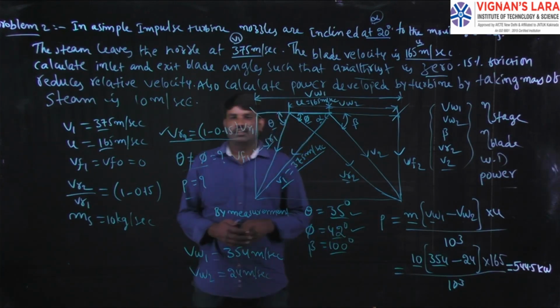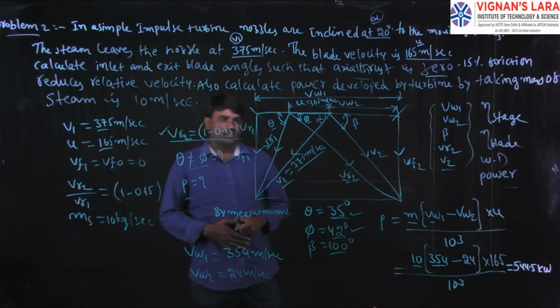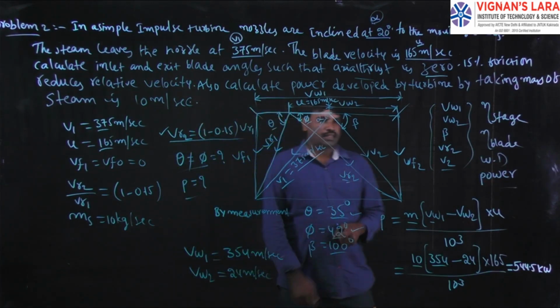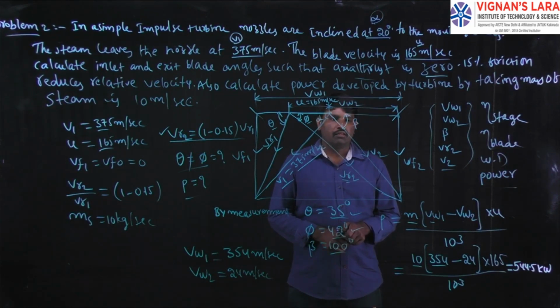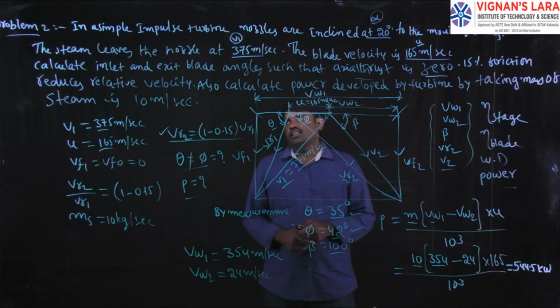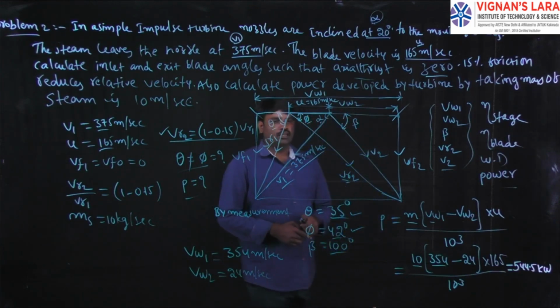You can easily evaluate all the performance parameters of the impulse turbine by drawing the combined velocity triangle. If you know how to draw the combined velocity triangle from the given data, you can easily calculate every performance parameter of the impulse turbine.